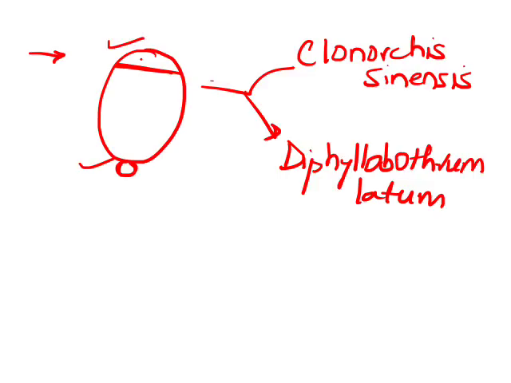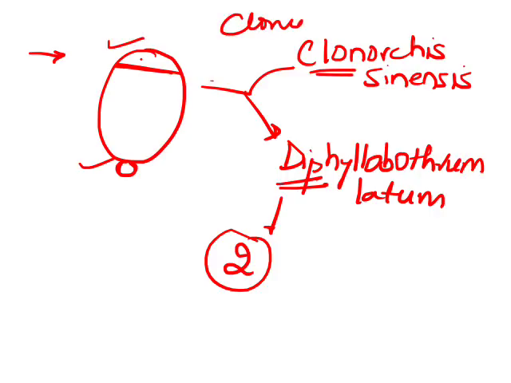If you see these terms, Diphyllobothrium, di means two, and Clonorchis means cloning. When you do cloning, again it is two. So both of these, that is 2 and 2, will have something at the two ends: operculum at one end and knob at the other. How do you differentiate the two eggs?